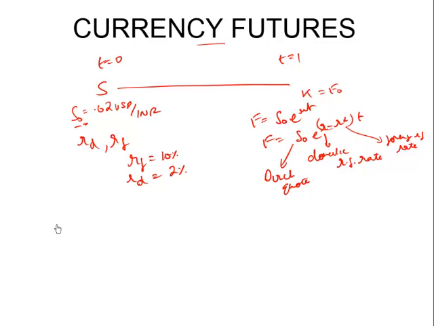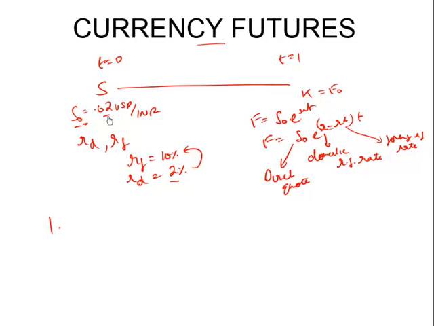So if we borrow $1, that's the way to exploit: borrow at 2% and invest at 10%. We'll borrow $1 at 2% and convert it into Indian rupee. The exchange rate is 0.02 USD per INR. That is a spot rate.